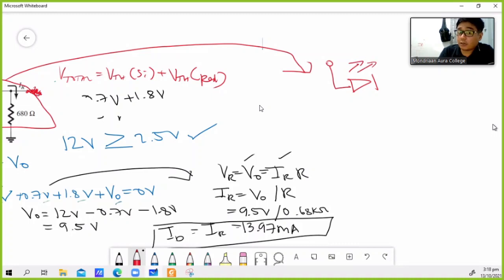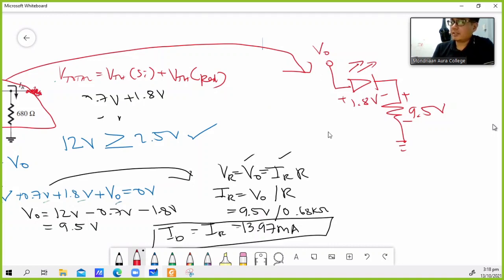Diode na merong arrow palabas. So meaning may lumalabas na ilaw. So this is V out. And then this is your load resistor or series limiting resistor. Alam natin na meron tayong 9.5 volts dyan. Alam natin na meron tayong 1.8 volts dyan. So this is how we solve this one.